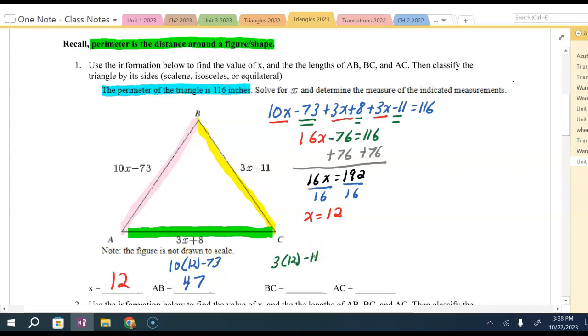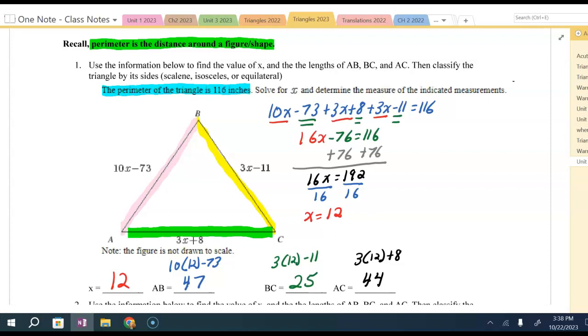Doing that on my calculator, I will get 25. And then AC is 3 times 12 plus 8. Doing that, I'm going to get 44. And if I want to check it, I can add up 47, 25, and 44, and I do get 116.